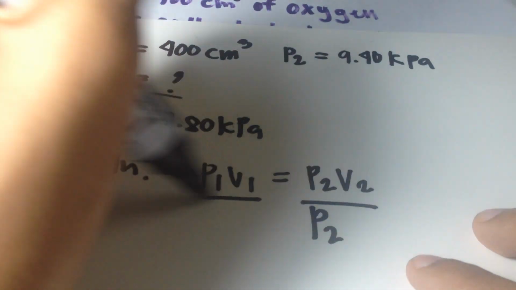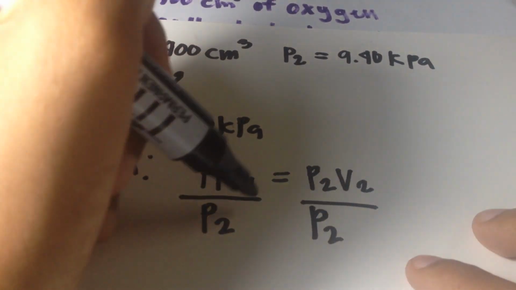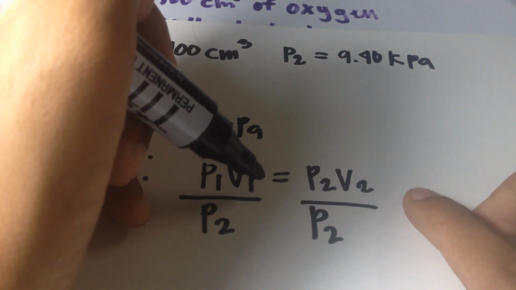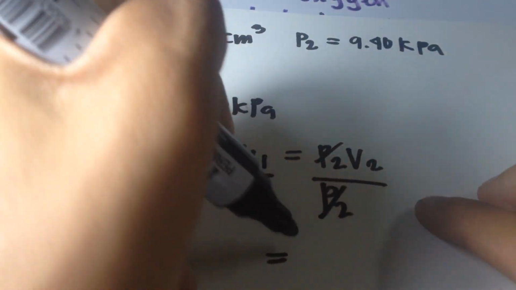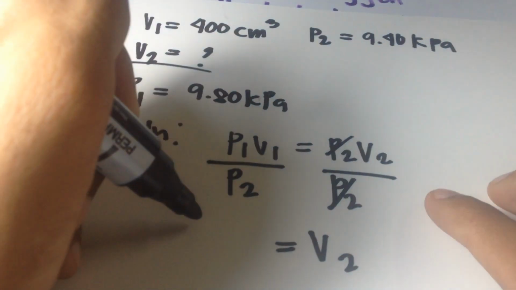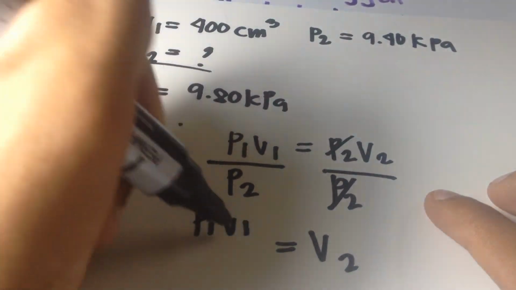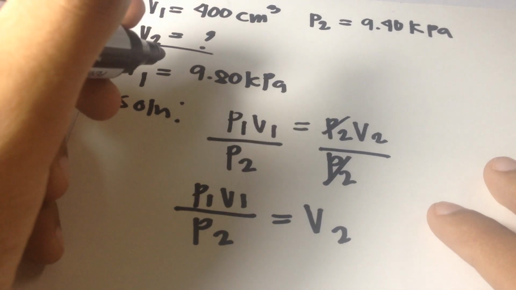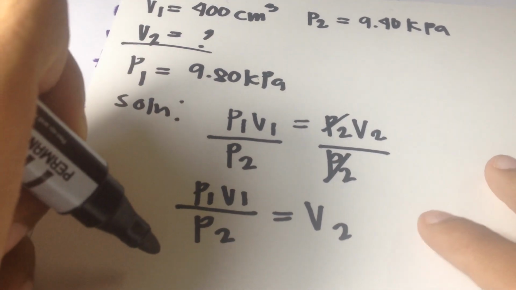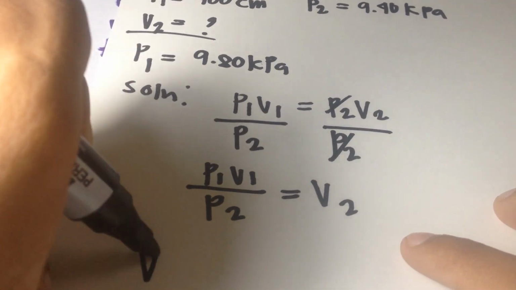So divide both sides by P2 in order to get the value of V2. So cancel out P2, and the left is V2. So V2 equals P1V1 over P2. Okay? Did you get it? So we need to plug in those values.